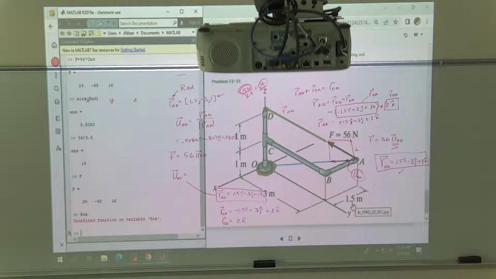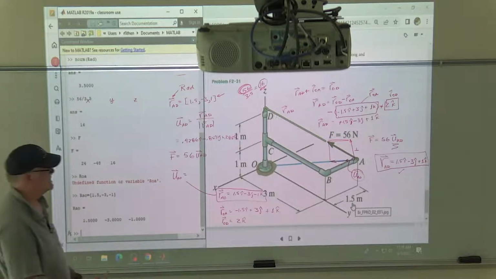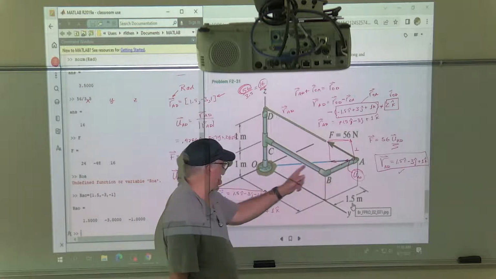Never mind. R, A to O equals 1.5, a minus 3, and then a minus 1. So that's the vector that runs down this imaginary blue line.